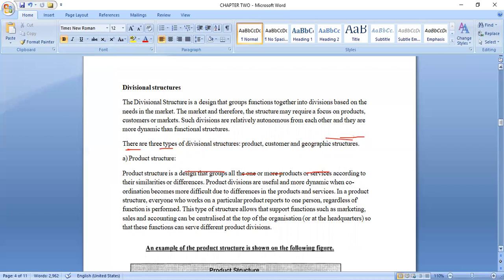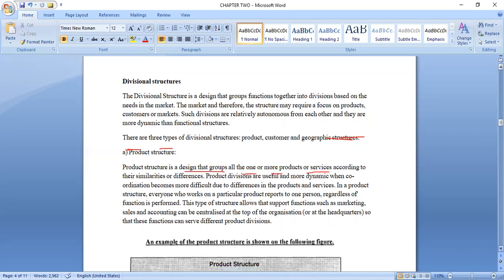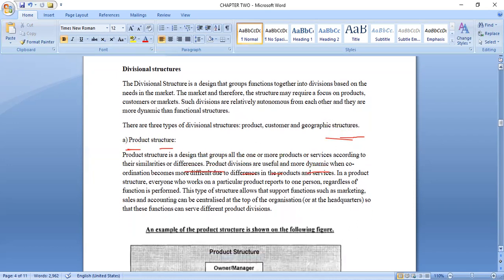It involves an organization that is producing one or more products and services.